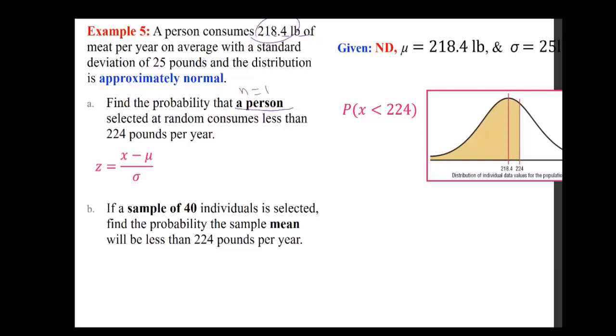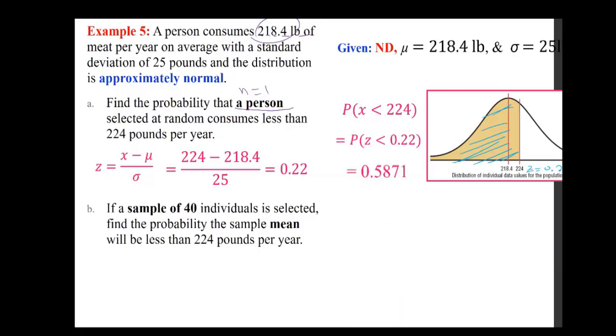We end up with 224 minus 218.4 over 25, or 0.22, which means I would use the z-score of 0.22 and then look this up from the table. So here's the z-score. Looking up the table results in 58.71%, or 0.5871.